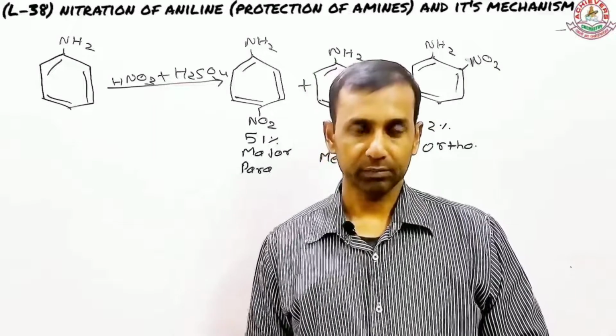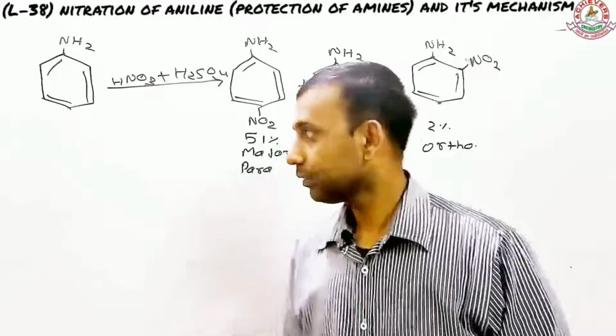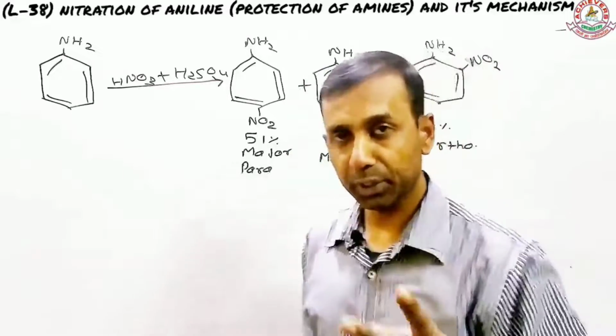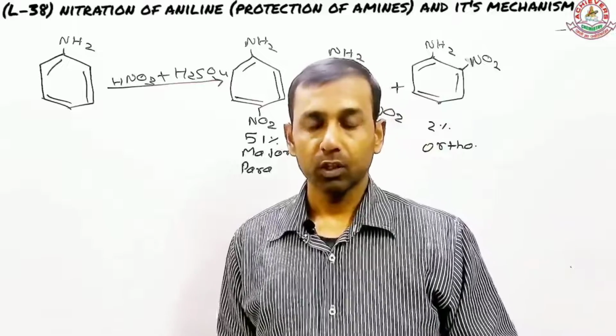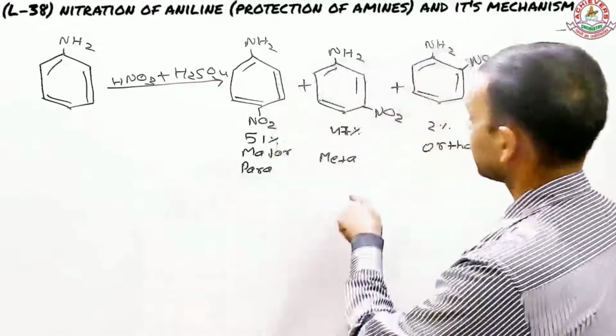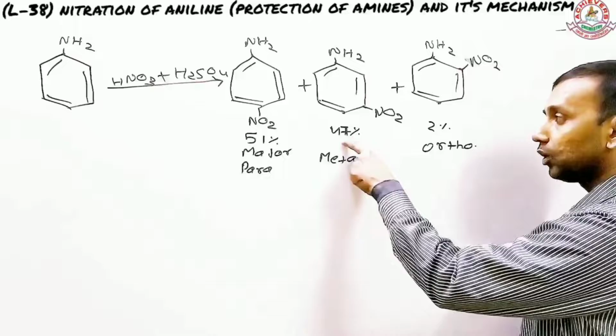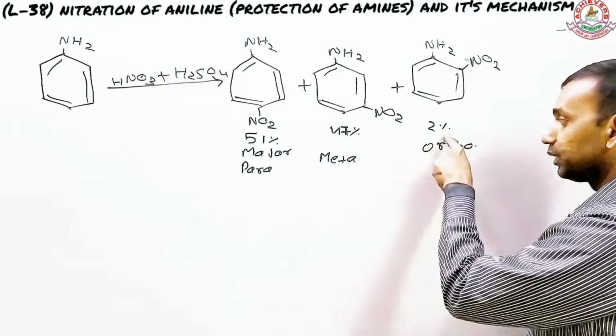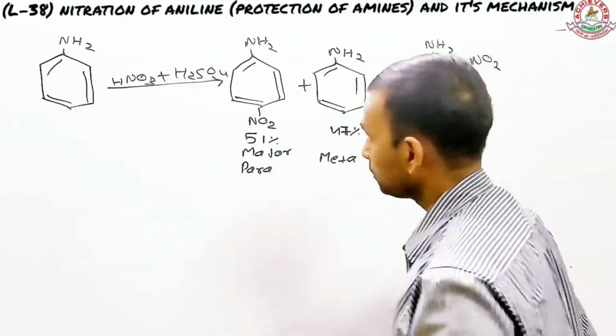That's very important, right? And how you can get only this product 100%, that the two remaining part is there. So let me start with this one, why you have a huge amount of product as meta and not even the ortho.